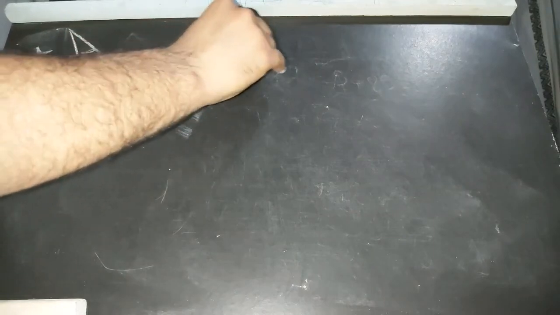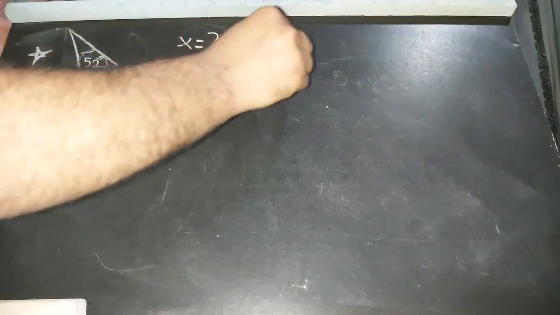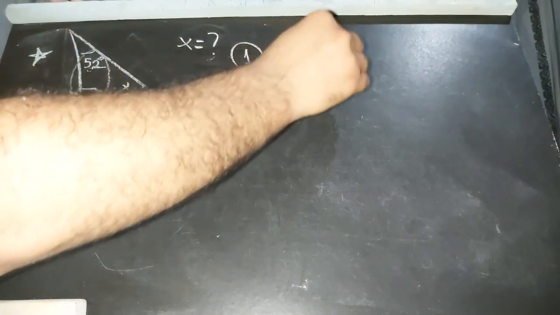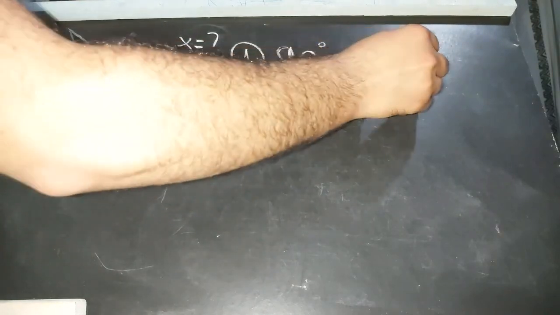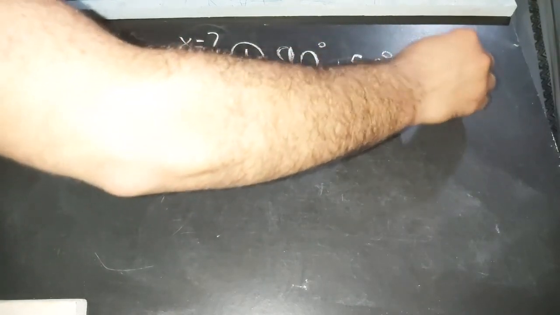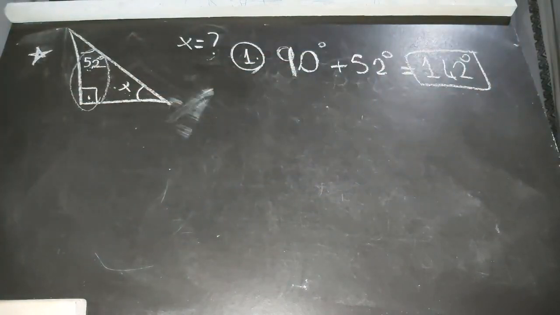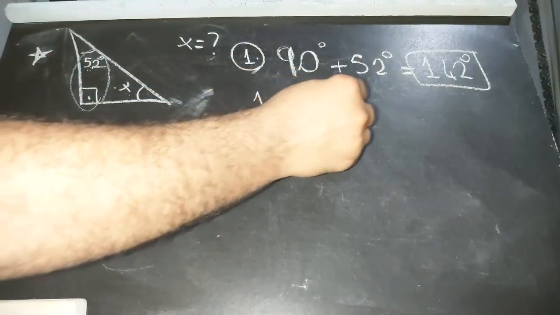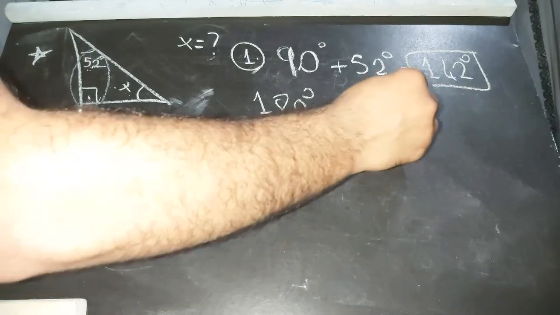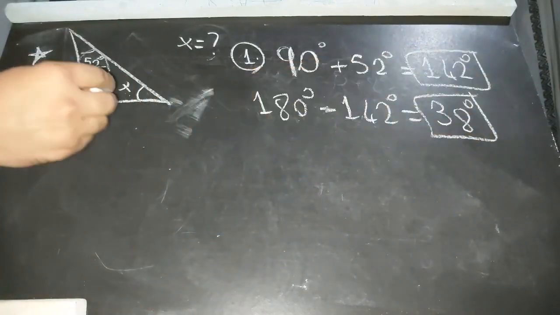So the first one, I said add them up. 90 plus 52 will give you 142 degrees. So now you are going to subtract that from 180. 180 minus 142 will be 38. x is 38 degrees.